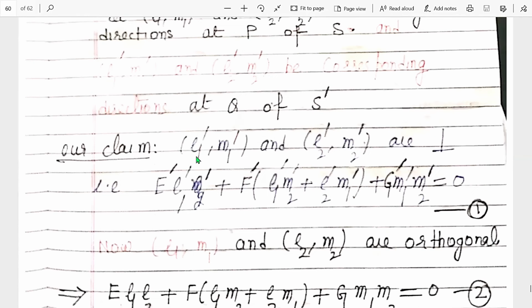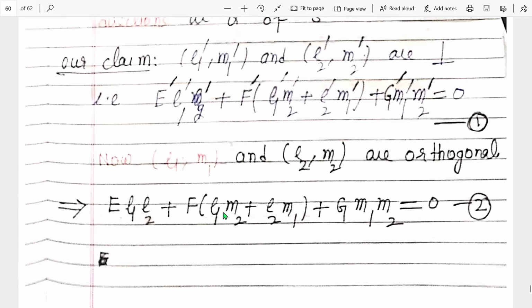What is our aim? Our aim is to show these directions are orthogonal. If we want to prove that, then we want to show that E dash L1 dash L2 dash plus F dash, the property of orthogonality. Clear?